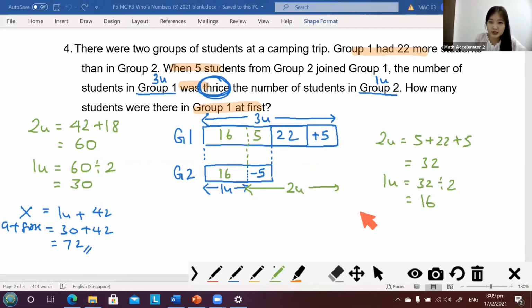How to find group 1 at first? 16. You need to include the 1 unit. Include the other 5 and the 22. Do I need to include this extra 5 here? How many 5s must I include? 1 or 2?